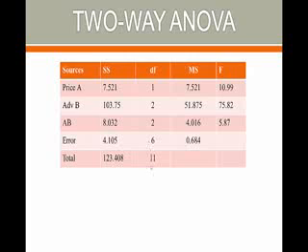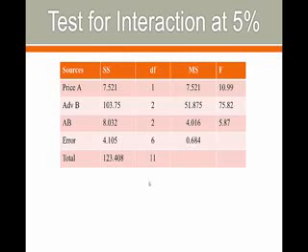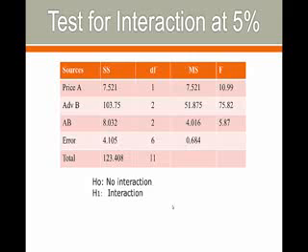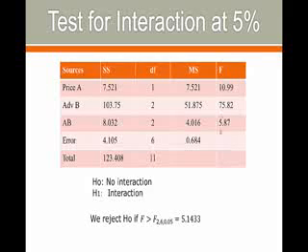Therefore, the first thing we will do is to test for interaction at 5%. This is my level, so we will have H0: no interaction, H1: interaction. We will reject H0 if the F that I have here is greater than F. Where will I get the degrees of freedom?